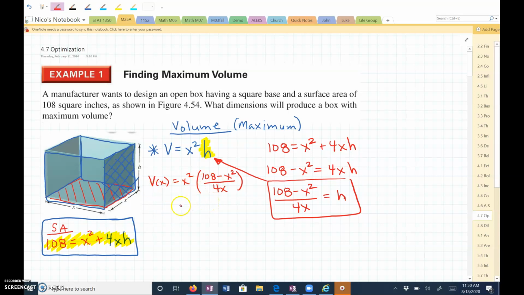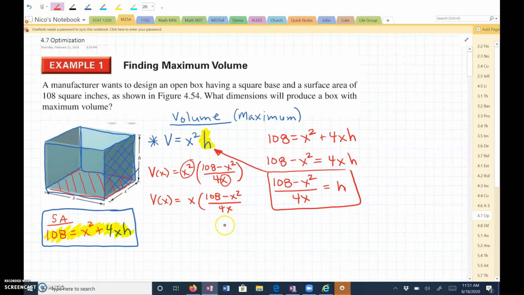Now let's simplify this a little bit. Notice that the x's here will reduce. So I'm going to have v of x equals x times 108 minus x squared all over 4x, or I'm sorry, over 4.